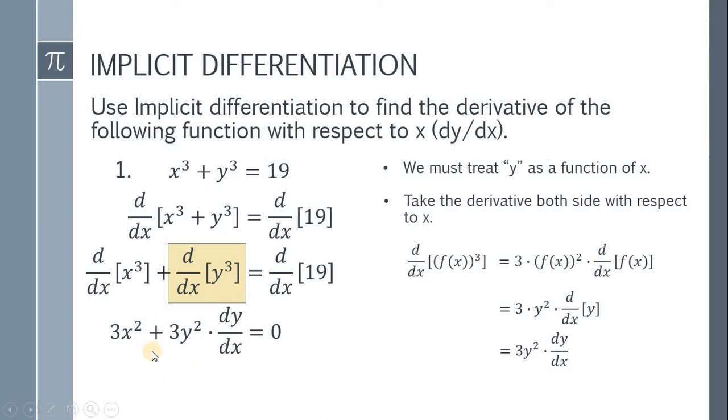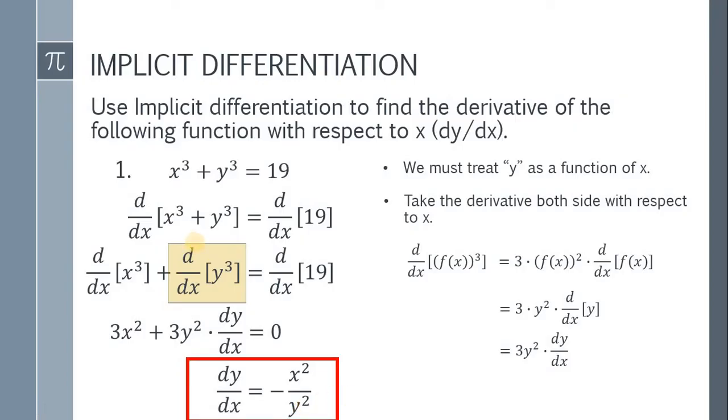Yung gagawin natin, subtract 3x squared both sides o ilipat natin yung 3x squared sa kabilang side and then divide natin sa 3y squared. And we get dy over dx is equal to negative x squared over y squared. And we're done. So, ito na yung ating derivative of y with respect to x. So, we have negative x squared over y squared.